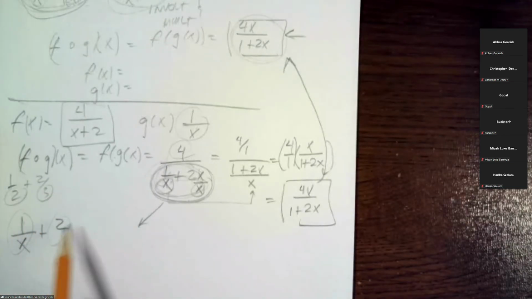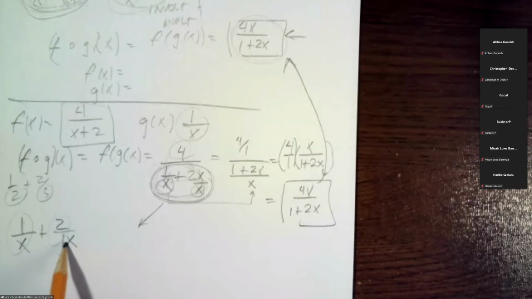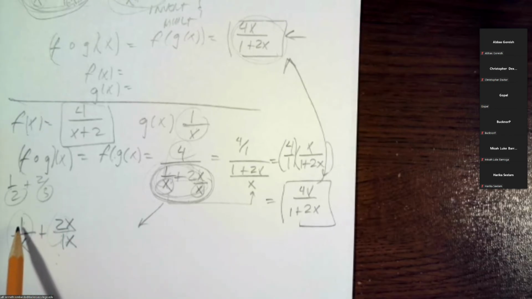So to get a common denominator, I have an x here, so I need an x here. So I'm going to put an x there, multiply x times 1 gives me the common denominator. But if I multiply the denominator by x, I also have to multiply the numerator by x. So now I get 1 over x plus 2x over x. And when I combine those, what do I get? 2x plus 1 over x.